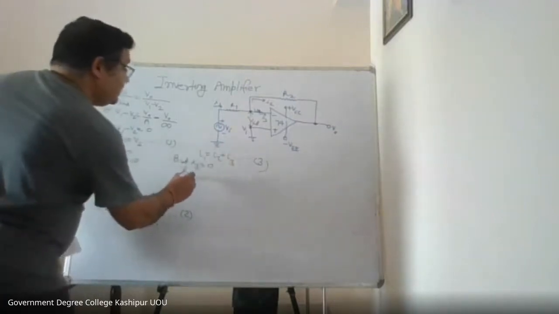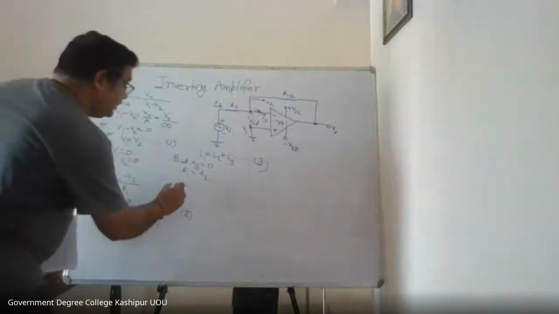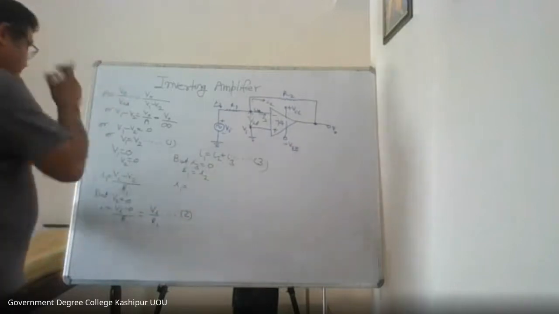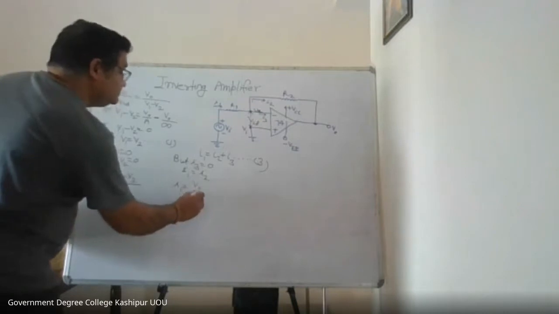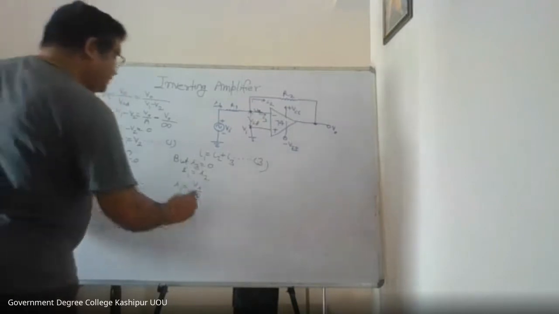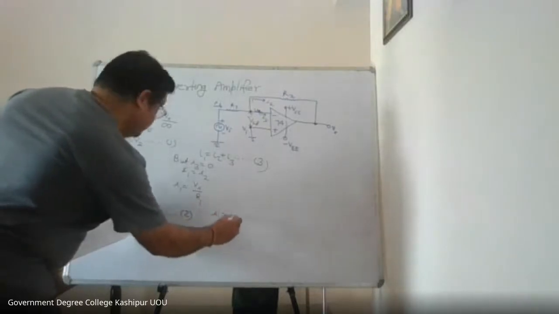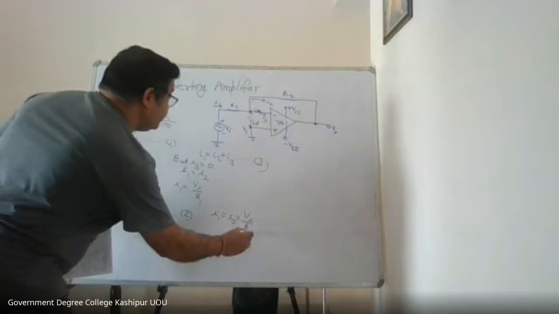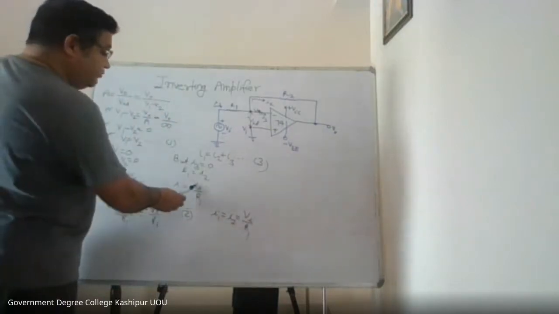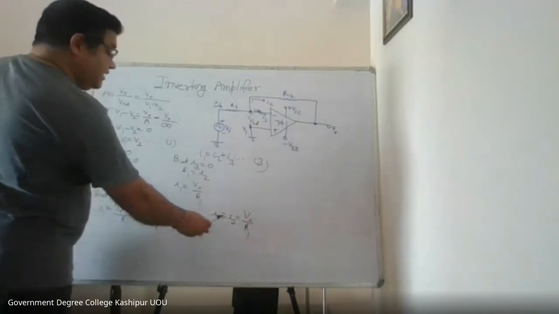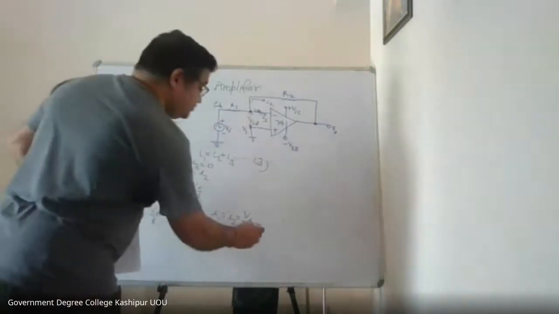We get I1 equals I2. But I1 equals Vi upon R1. Therefore, I1 equals I2 equals Vi upon R1. Suppose this is equation number 4.